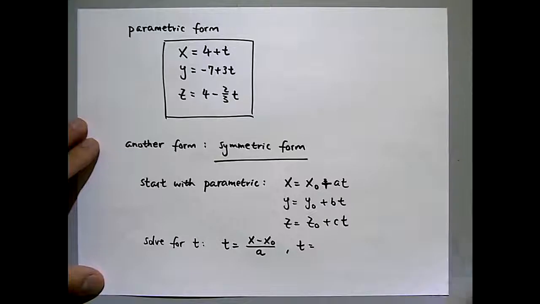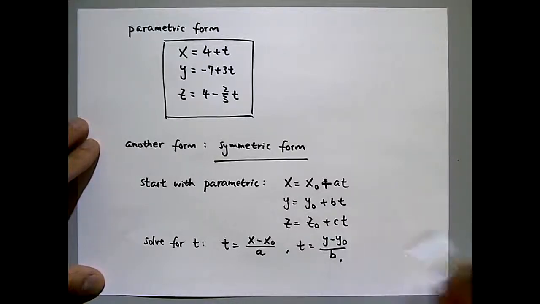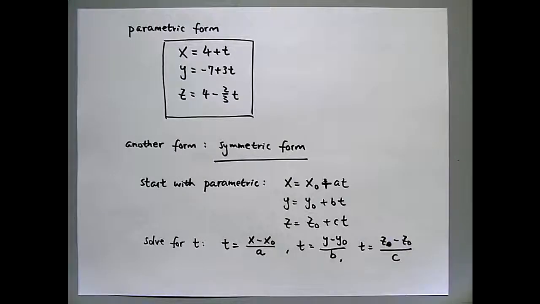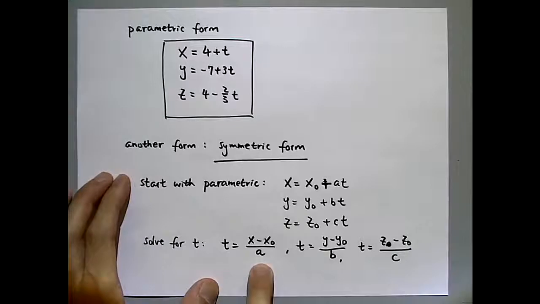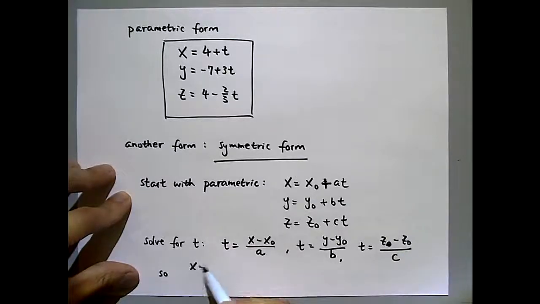The second equation tells me something very, very similar. Same thing with the last equation. Oops, sorry. All right, so in each equation I solve for t, and all of these things are equal to the same variable t. That means this must be equal to that, equal to that. So we write it this way.